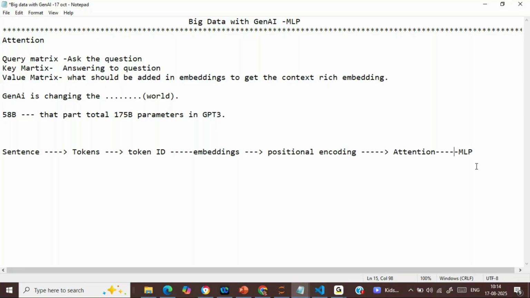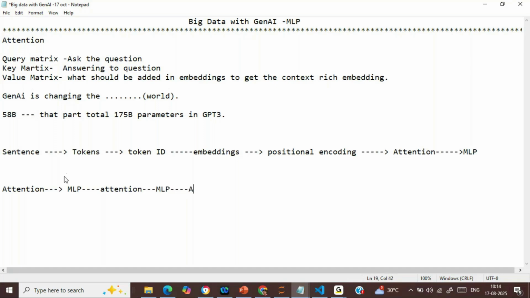So attention and MLP are, you can say, neural networks, and over here multiple layers are there. We have seen it will be attention, then MLP, then back to the attention mechanism, then MLP will come.